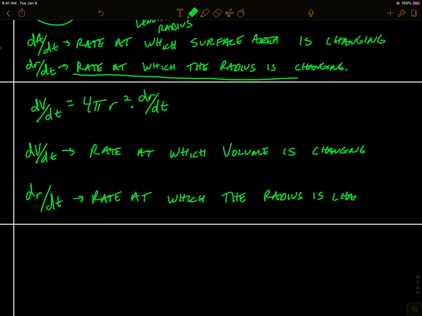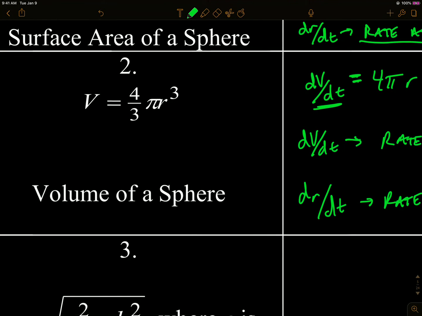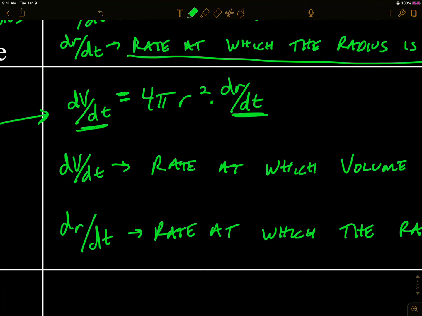It's called related rates because I've got two rates here and they're related to each other by this equation. So it's nice. I can take a static equation about volume and from that create an equation that relates the rates of change of those quantities.